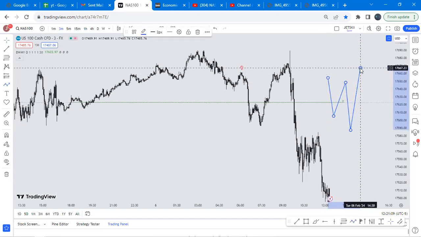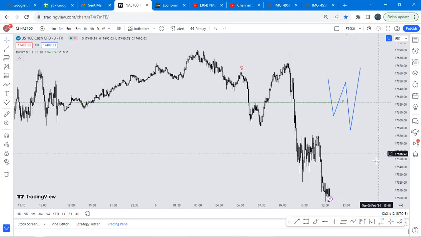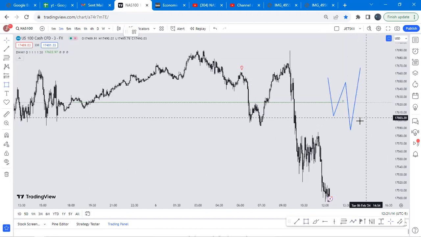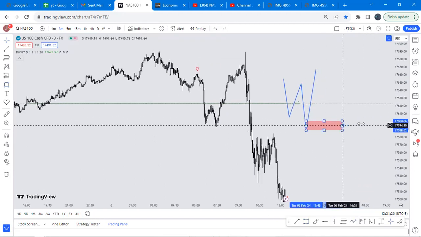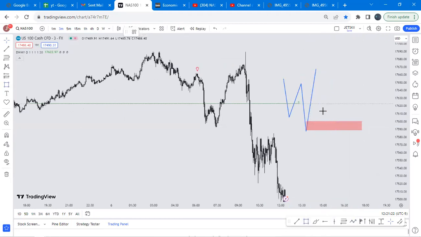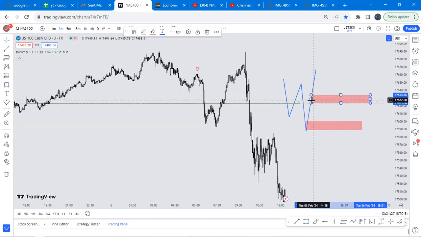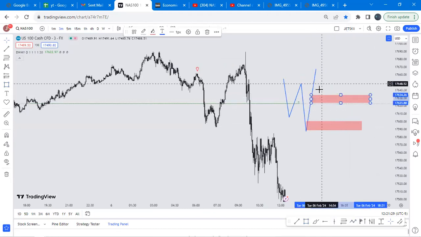Once the market runs a short-term high, they will quickly come here, right? They can even come here. Here they're going to be looking at the bullish candlesticks.